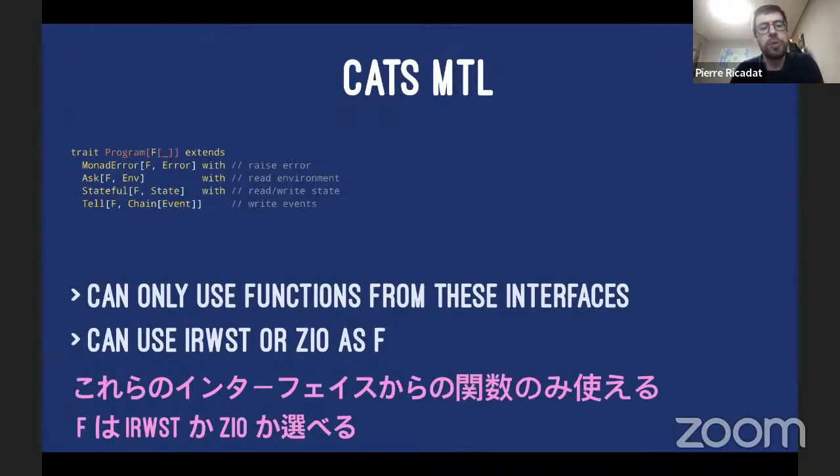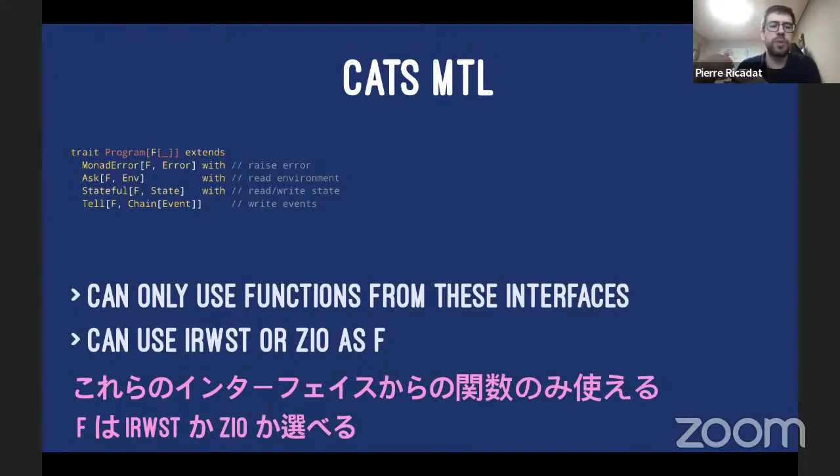One option that is interesting is using Cats MTL. Basically, Cats MTL is a bunch of interfaces that expose some functionality, and you could use ZIO in the background as your F, but because you don't use ZIO directly, because you use those interfaces, you only have access to what those interfaces are exposing.